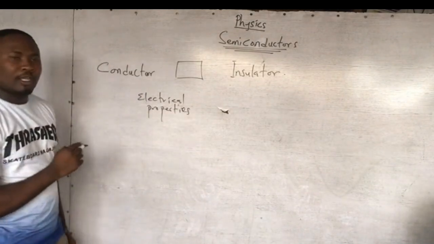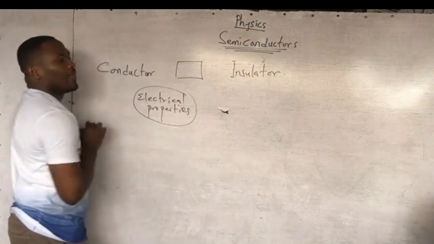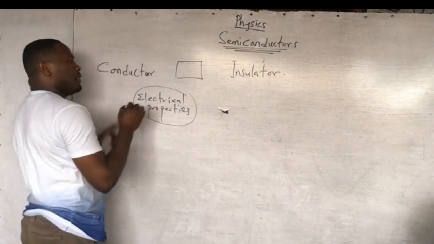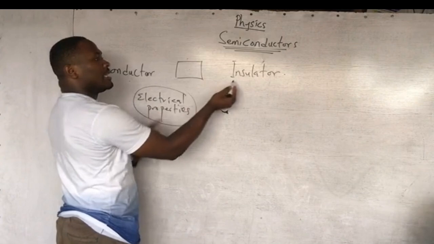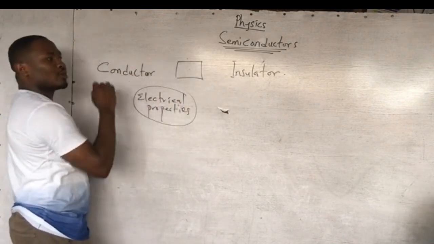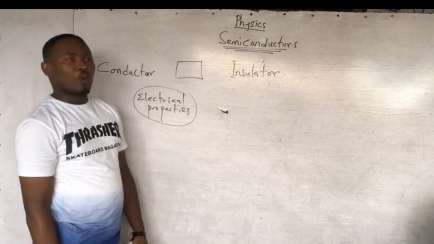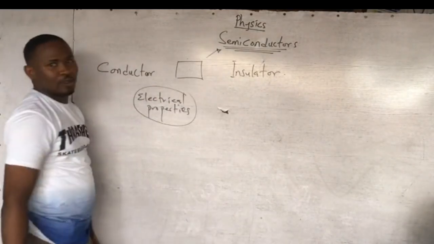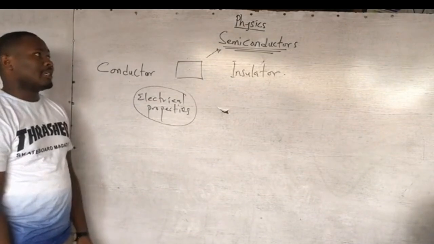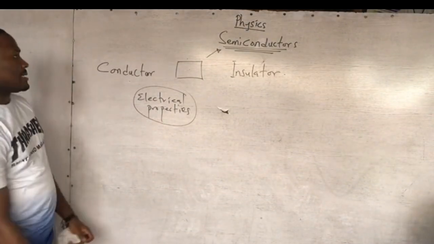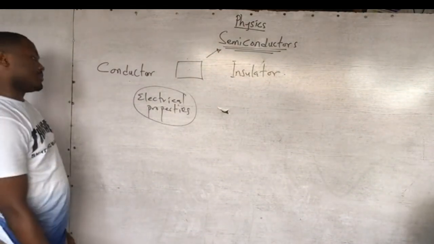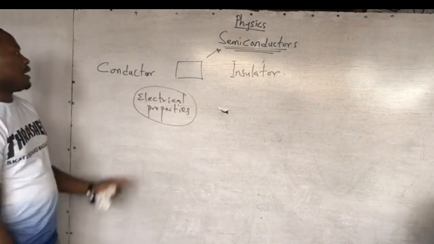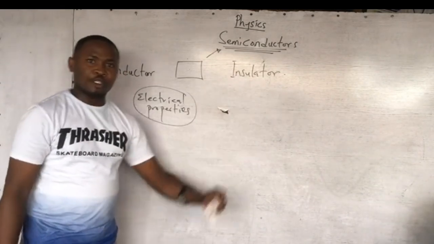So the electrical property of a material that exists in between that of a conductor and an insulator, such a material becomes a semiconductor. So we can boldly say that a semiconductor is a solid which has its electrical property in between that of a conductor and an insulator.